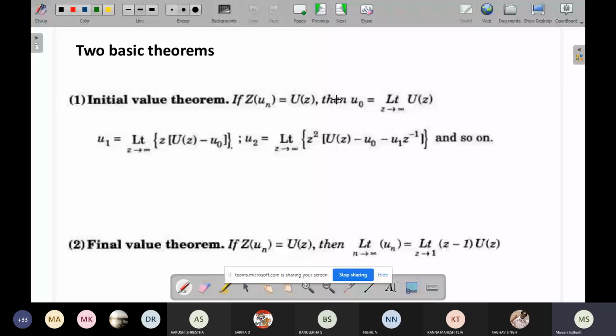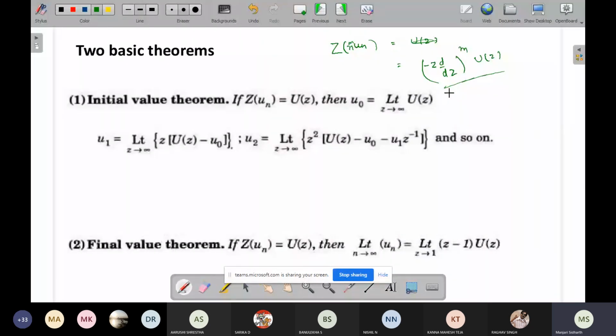When the Z transform of u_n is U(z), and it is multiplied by n or some power of m, then it will be (-z d/dz) to the power m, meaning it operates m times on U(z). So this was the multiplication by n or powers of n.